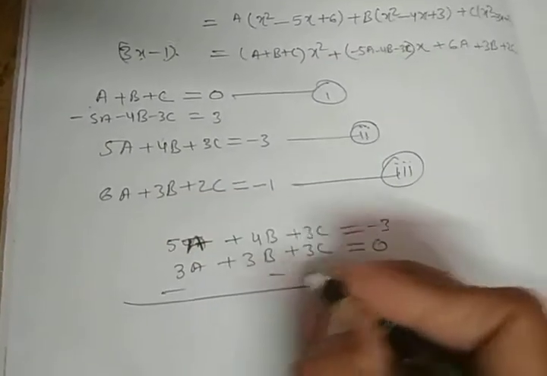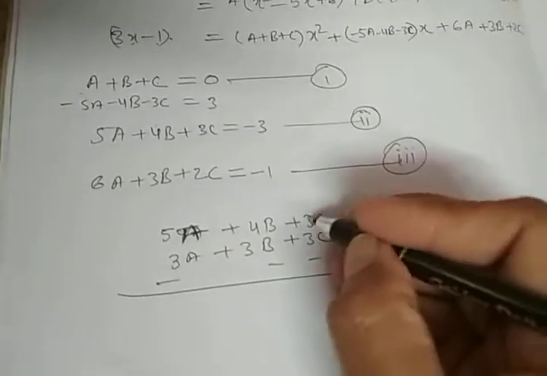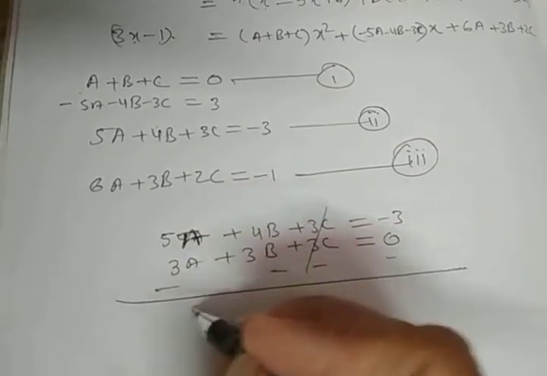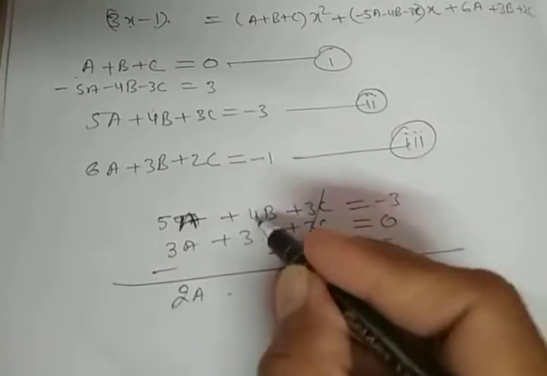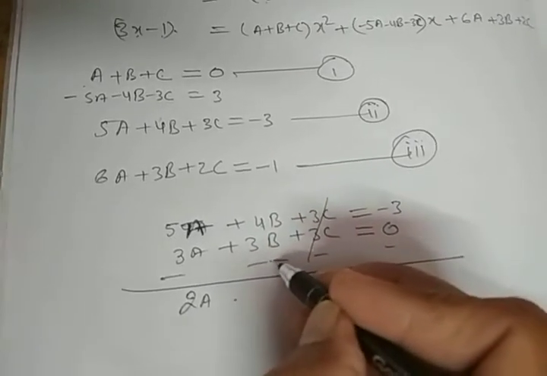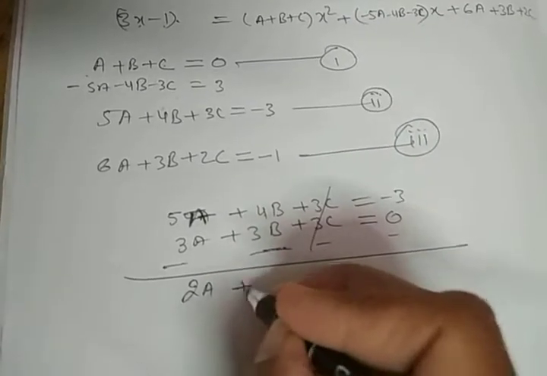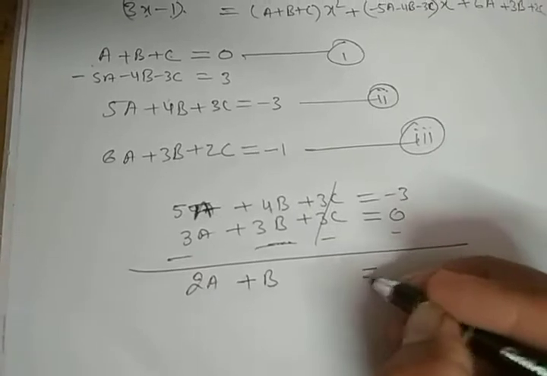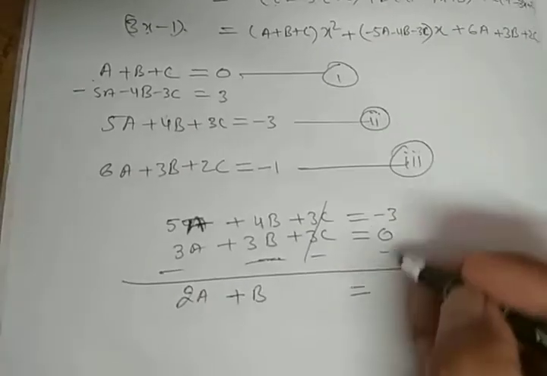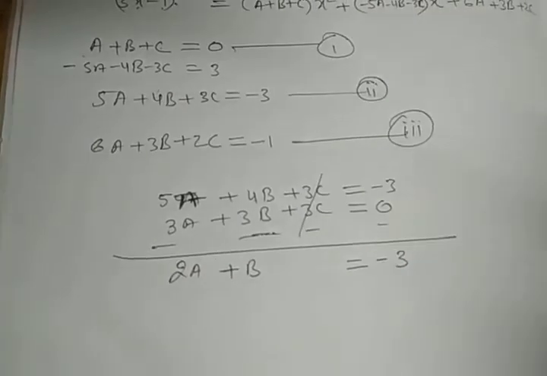Now on subtracting, signs will change, C is cancelled, 5A minus 3A is 2A, plus 4B minus 3B is plus 1B, equal to minus 3 minus 0, which is minus 3.